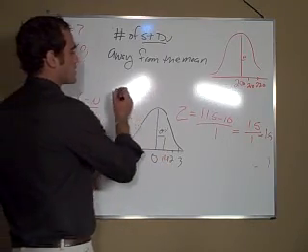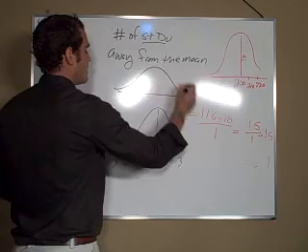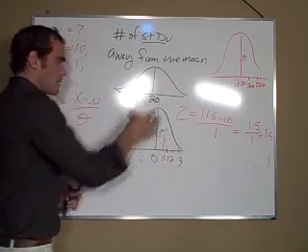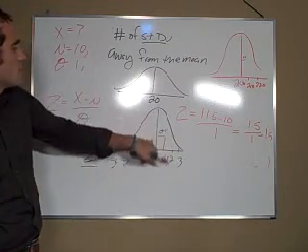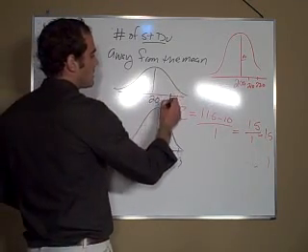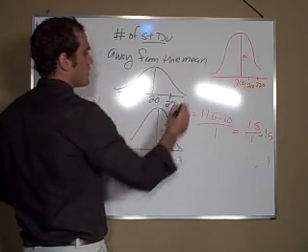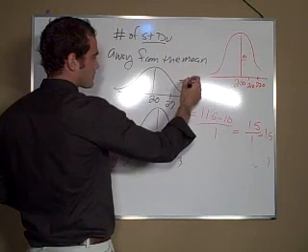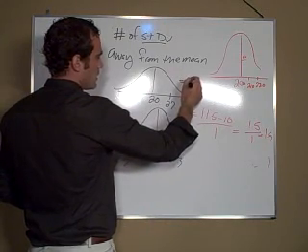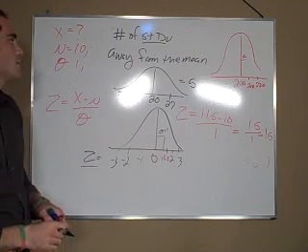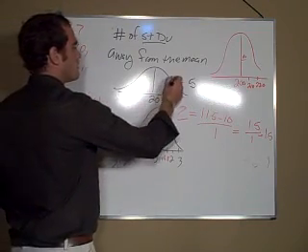So let's draw another picture. This time, standard normal. I want you to tell me on the standard normal how many standard deviations away would be 27 if we have a standard deviation of 5. Okay? A standard deviation of 5.